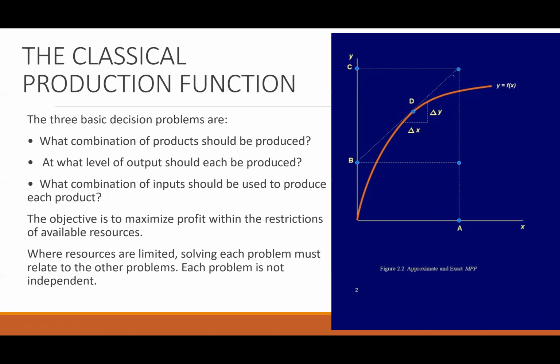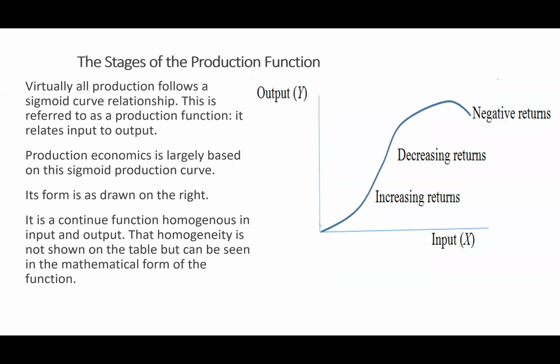So here, this is the slope of the production function at point D. The stages of production, I will come back to that. We have sections of increasing returns, decreasing returns, and negative returns.